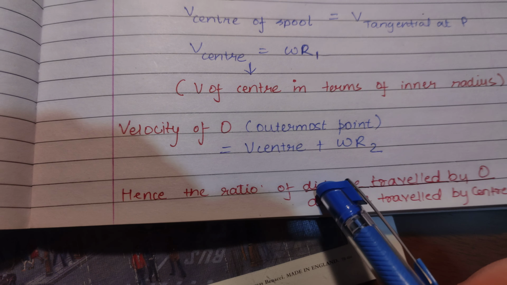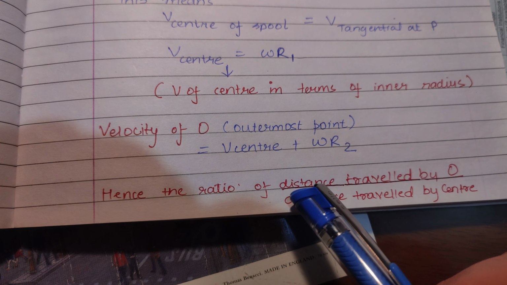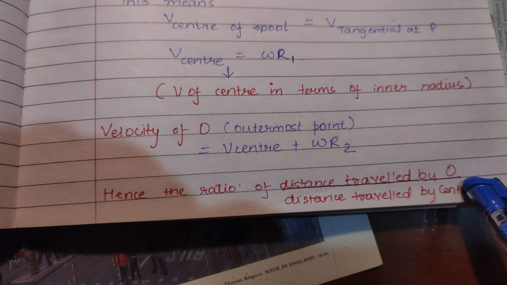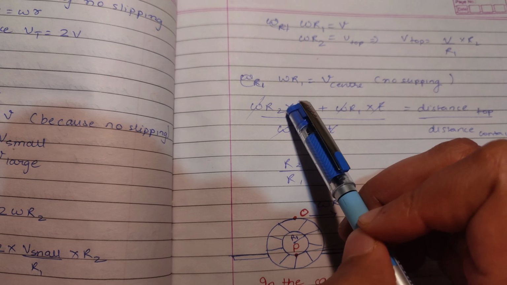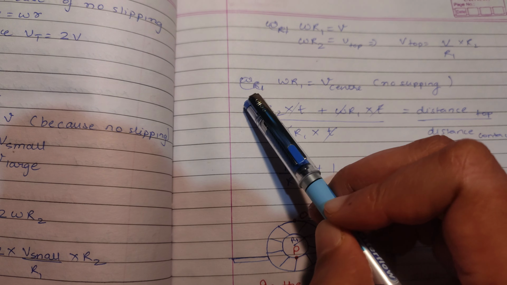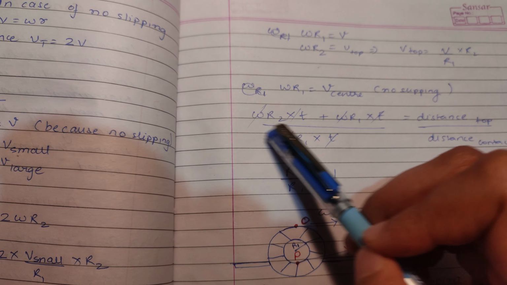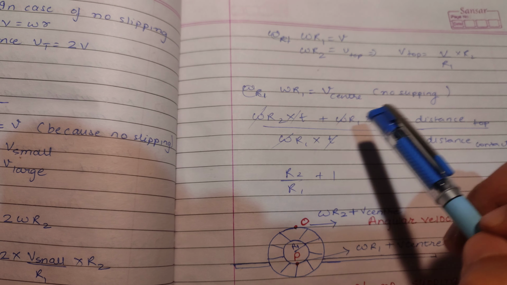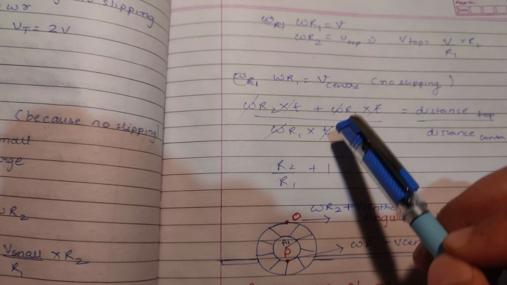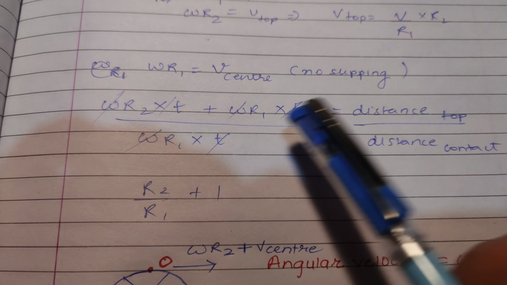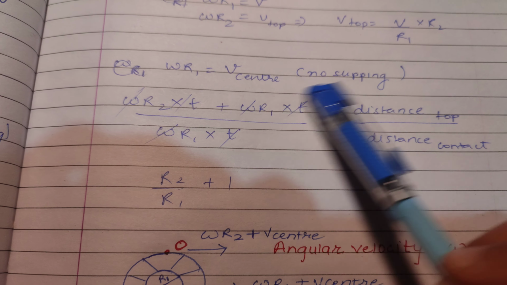Now if you want to find the ratio of the distance traveled by a load placed on O and the distance traveled by the center, it is very simple. You just have to multiply the velocity of point O by t, which is omega r2 into t plus omega r1 into t. Omega r2, remember, is the tangential velocity of point O and omega r1 is the translational velocity of the spool. This has to be divided by the distance traveled by the center, which is nothing but omega r1 into t, and this t gets cancelled.